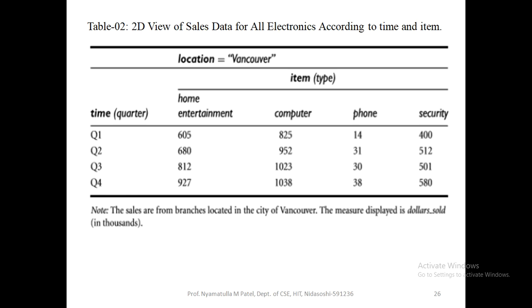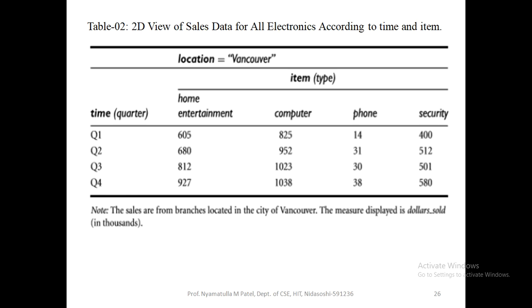So here we are taking time and item into consideration. The location is Vancouver, one city where I am viewing all the sales data for all electronics items according to the time and item.